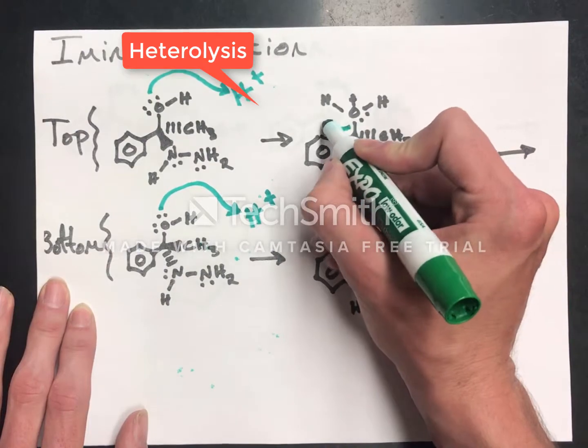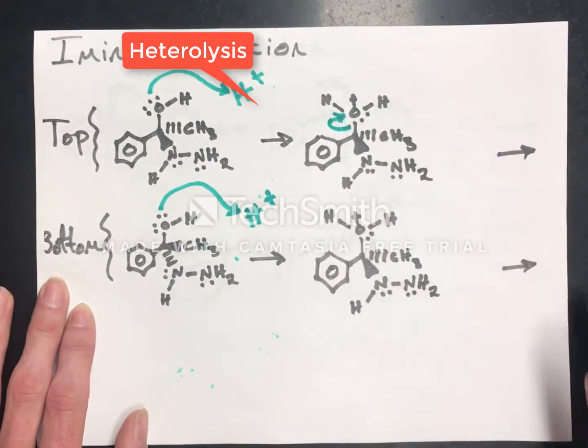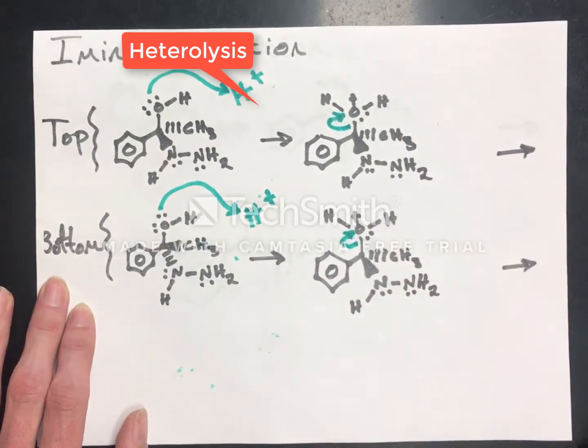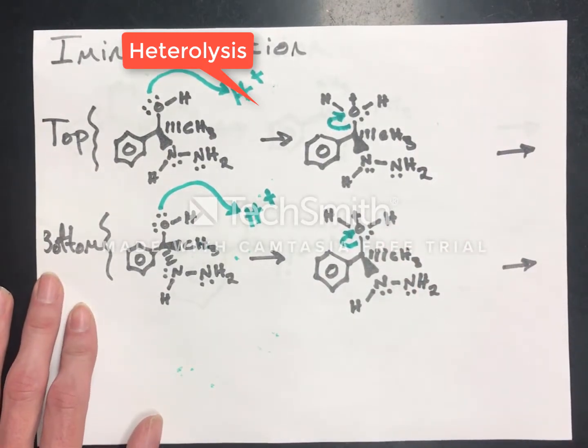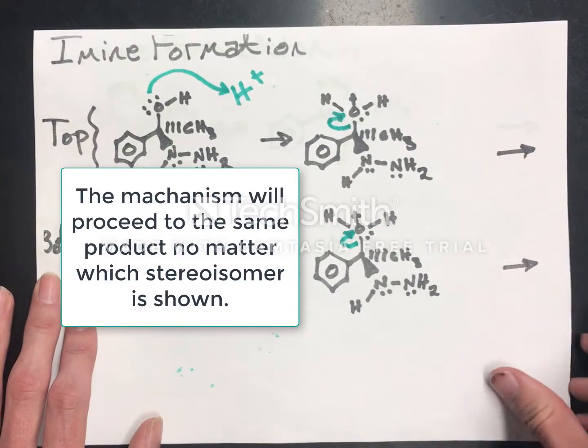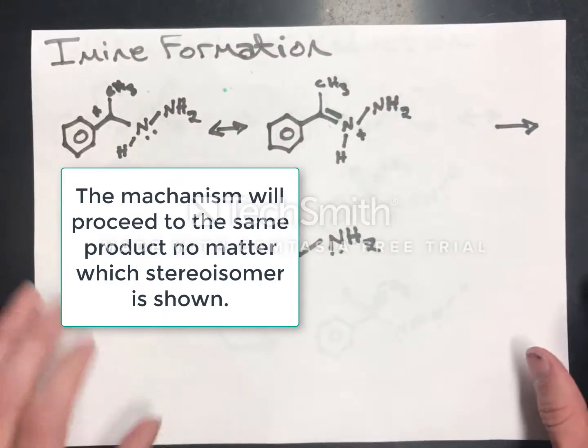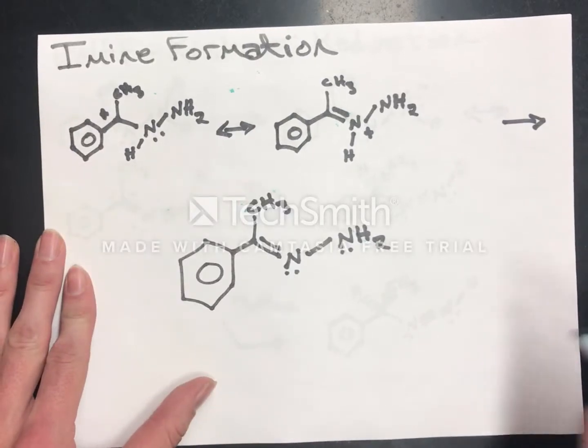Once this electron pair moves up and leaves with that group of atoms, we have water, which is a great leaving group. And this will react in the same way no matter which chiral orientation you have.